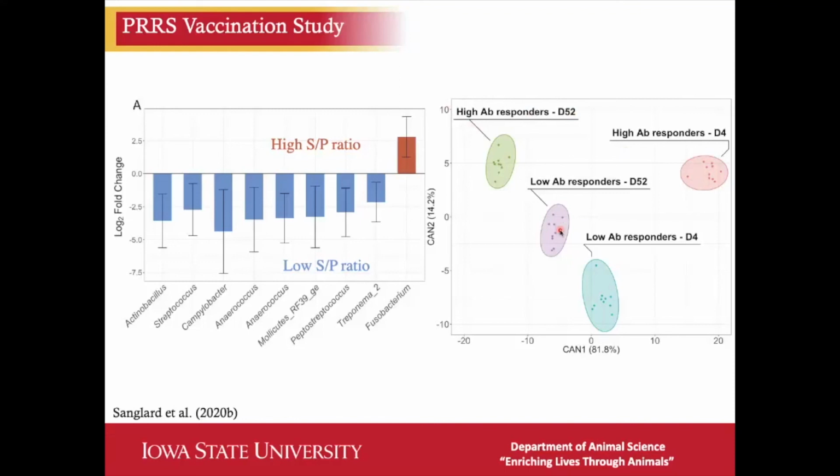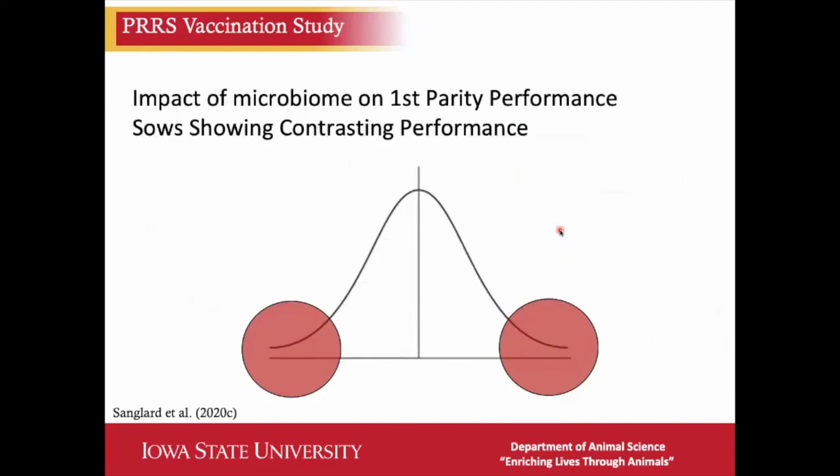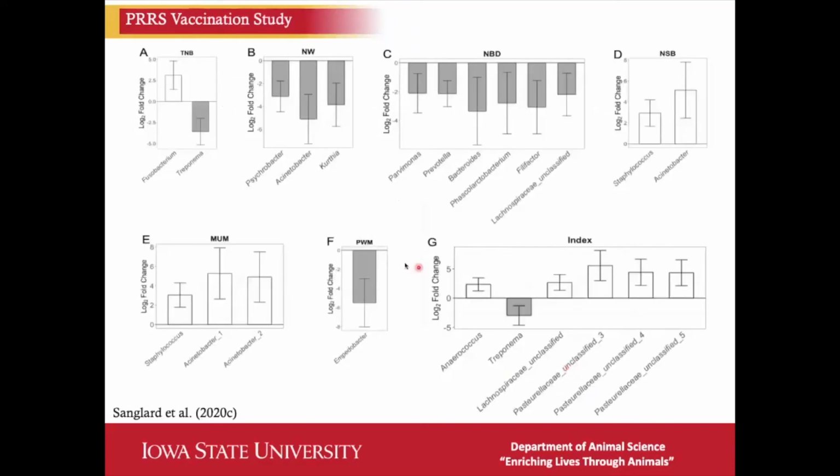And we also did the same approach using reproductive data. So can we see a difference in the microbiome of animals that have very low, let's say, total number born compared to very high total number born? Do their bacteria differ? And this is the overall result.